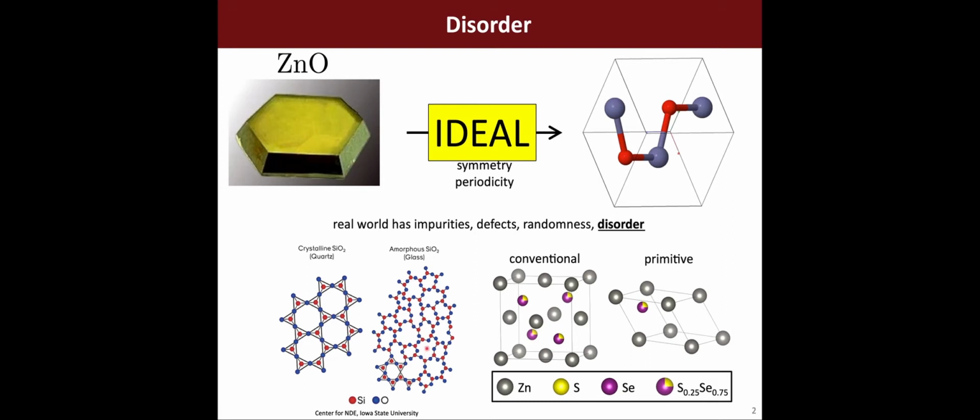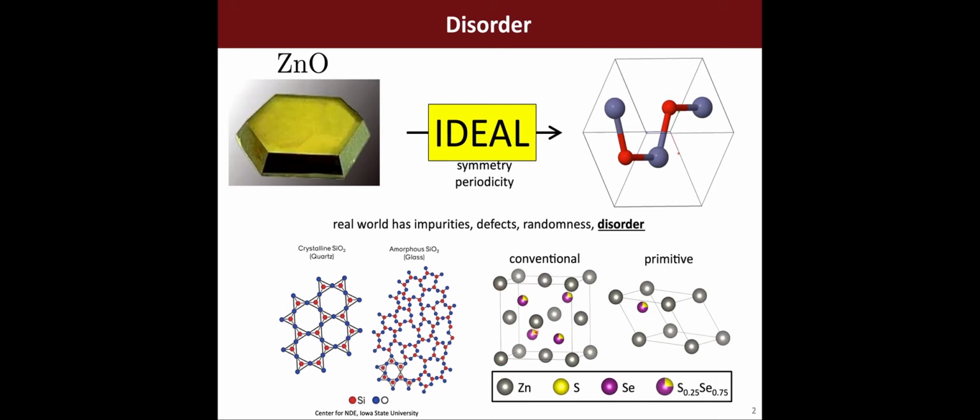There's another type of disorder called chemical disorder. Typically, if we have a unit cell here, each site is uniquely occupied with one element. Here in the corners, we have zinc.